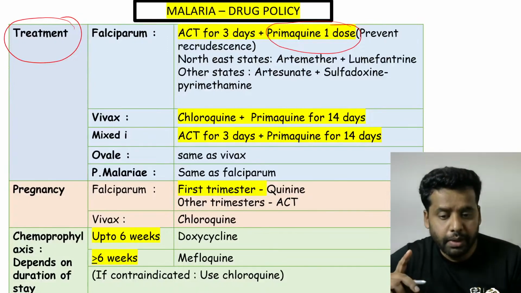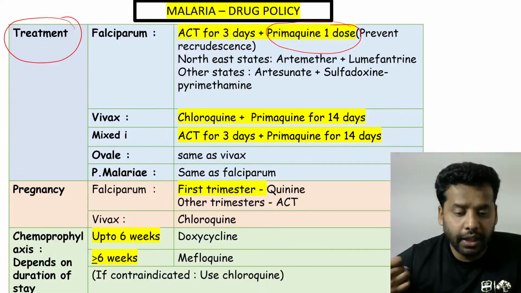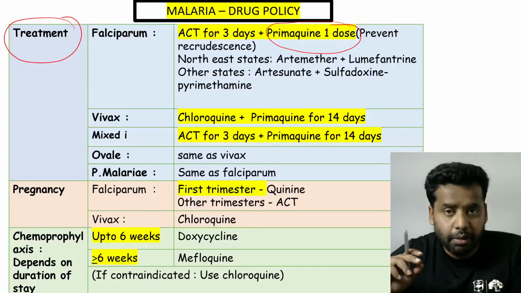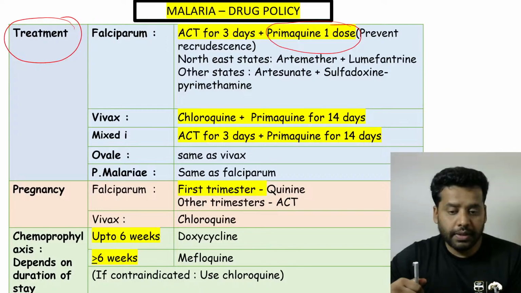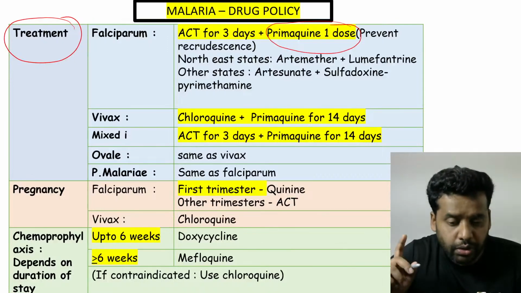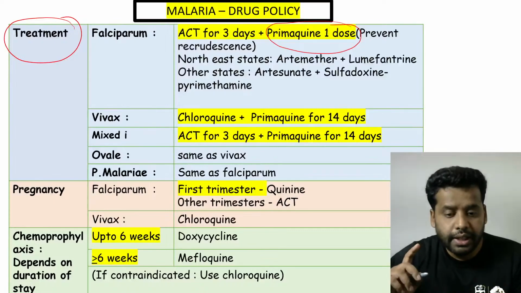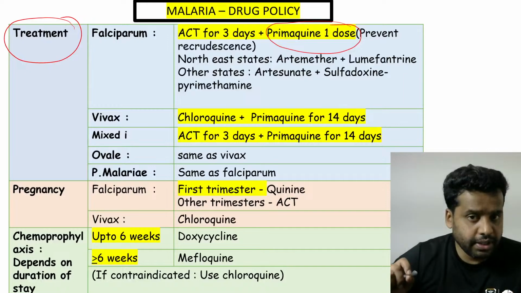For Falciparum, we are giving primaquine 1 dose because it will help in preventing recrudescence. When the parasite is in the blood gametocyte form, it will recur, that is recrudescence. Falciparum will show recrudescence. So use primaquine 1 dose. ACT for 3 days. Artemisinin combination therapy is ACT.